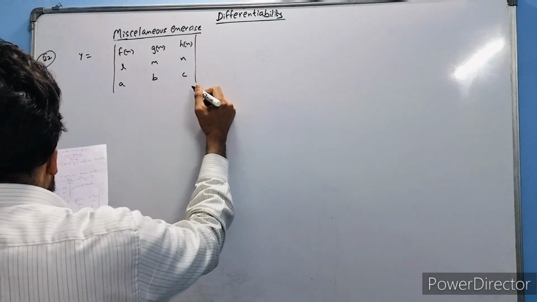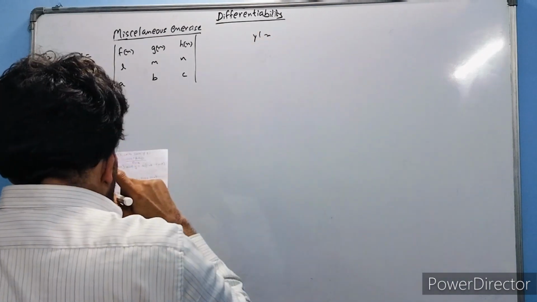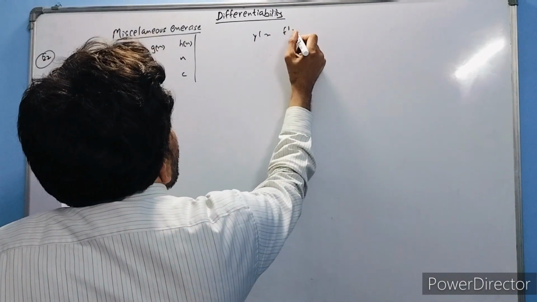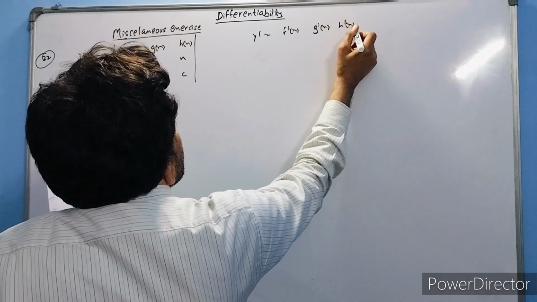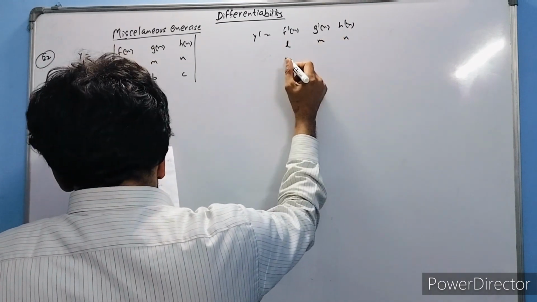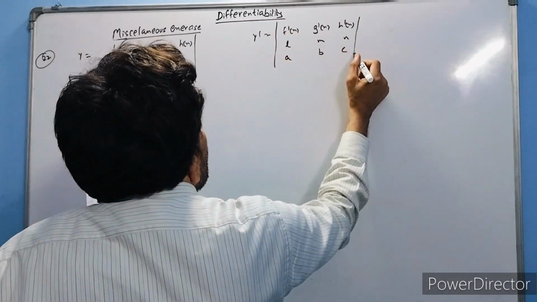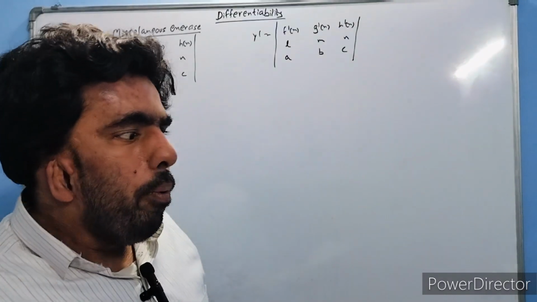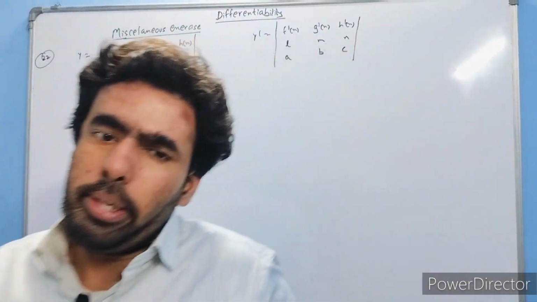And now they have given this, and we need to prove that y dash will be the determinant with f dash x, g dash x, h dash x, and the rows L, M, N, A, B, C. So we need to prove this. So let us see how we are able to prove such kind of questions.